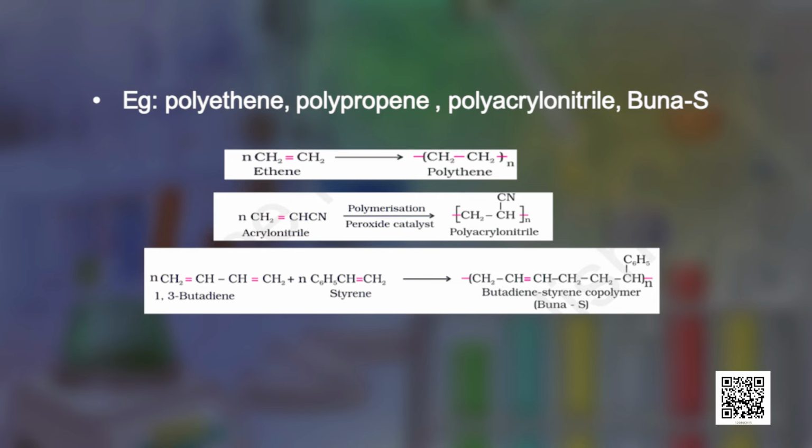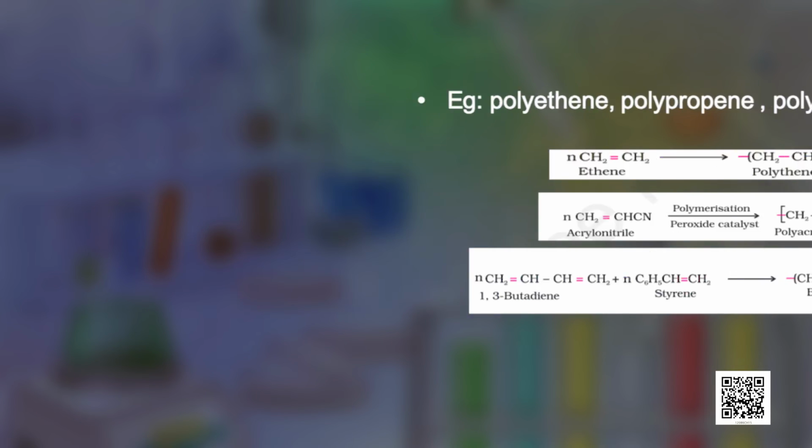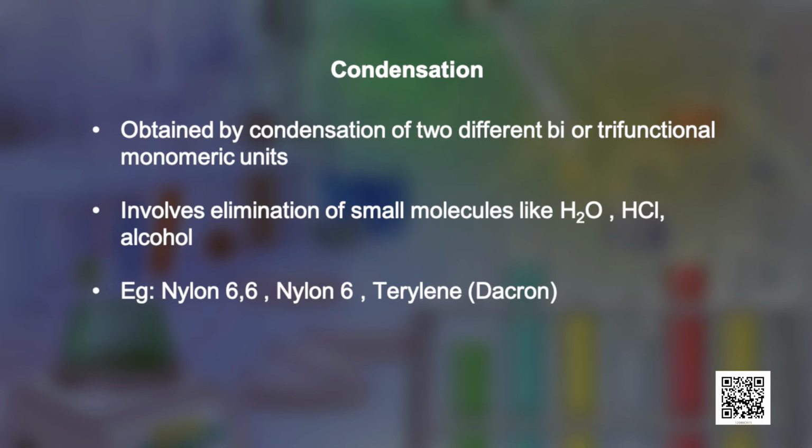In the third example, the addition of 2 different monomers, 1,3-butadiene and styrene, results in the formation of a copolymer known as butadiene styrene copolymer, which is also commonly known as BUNA-S.